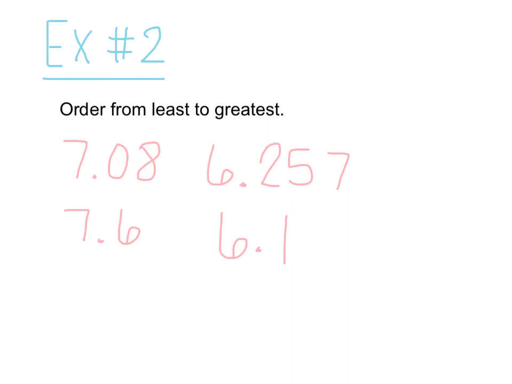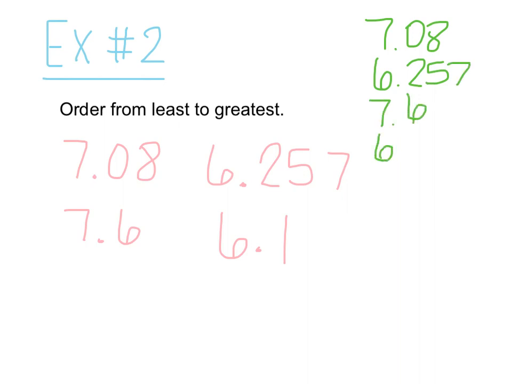Example 2, we're putting them in order from least to greatest. I'm going to line up all the numbers again, like I did in example 1. Now remember, if you need to fill in any values, you put in zeros. Now let's compare.